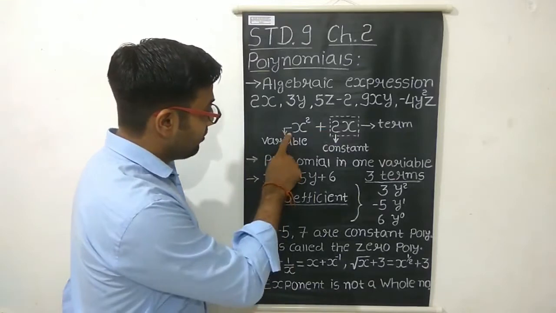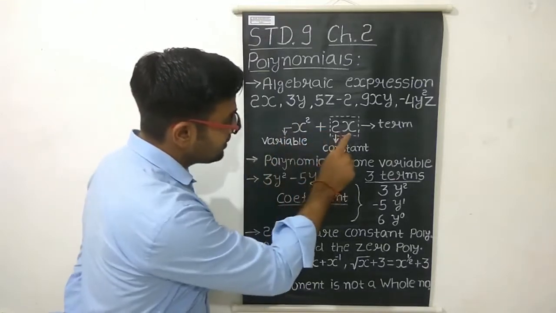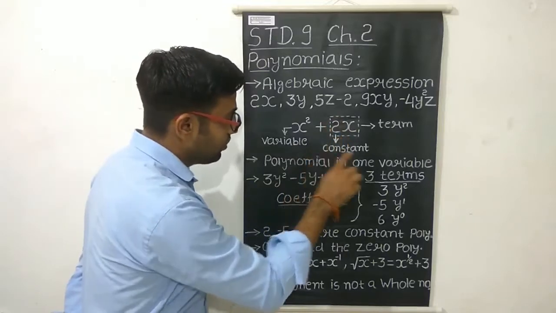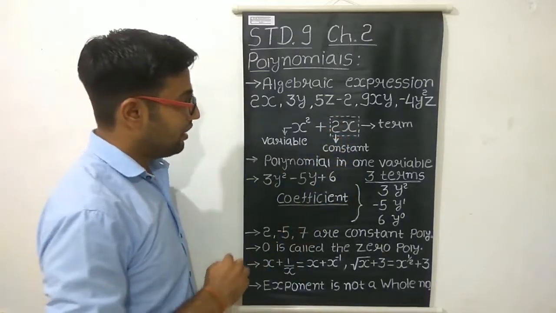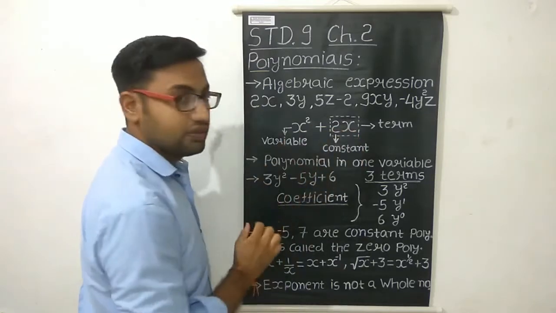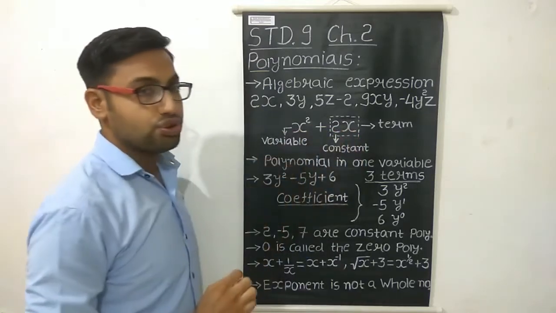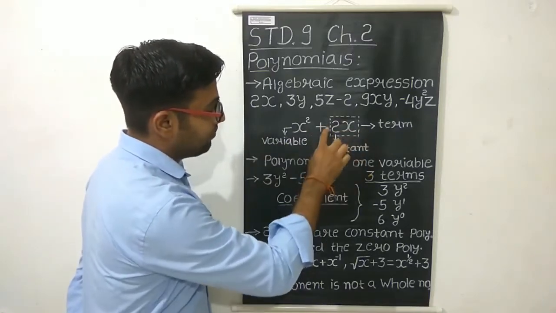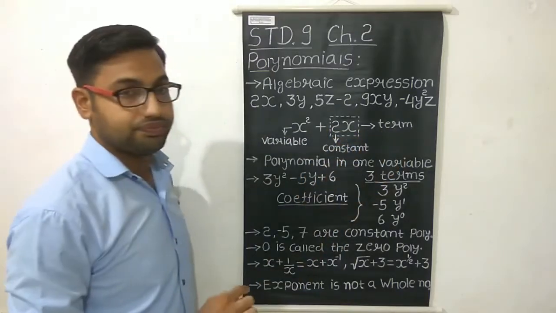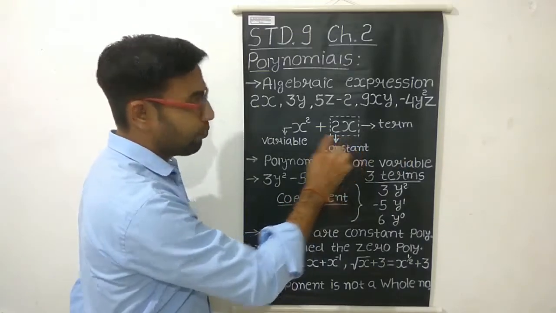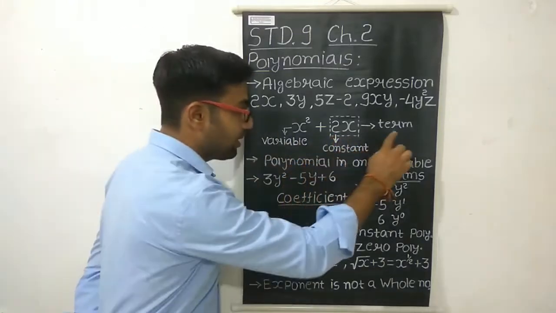Here we call this x a variable and this 2 a constant, and whenever one variable and one constant come together in multiplication, it becomes a term. If there is also division, like x upon 2, then also it becomes a term.